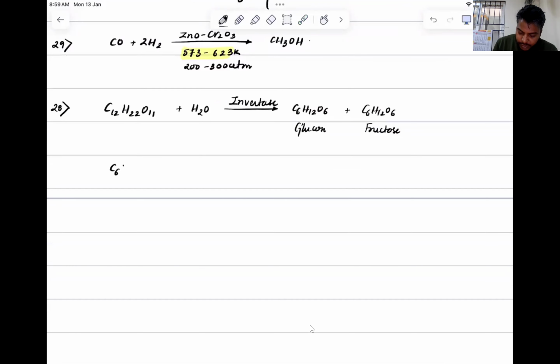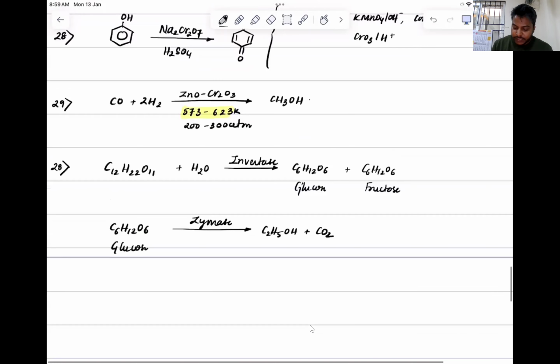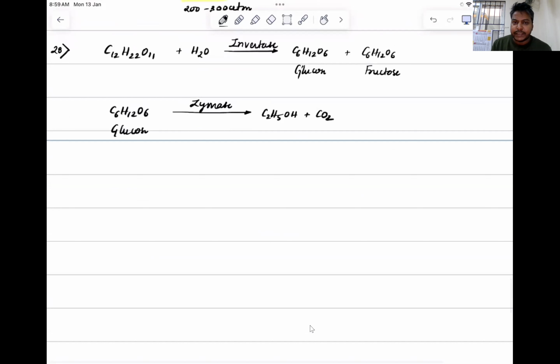Similarly, if you take glucose and add zymase, that will convert into ethanol, C2H5OH plus CO2. Correct? This is also given directly in NCERT. Learn the role of invertase and zymase as enzymes. Let's record the next reaction.